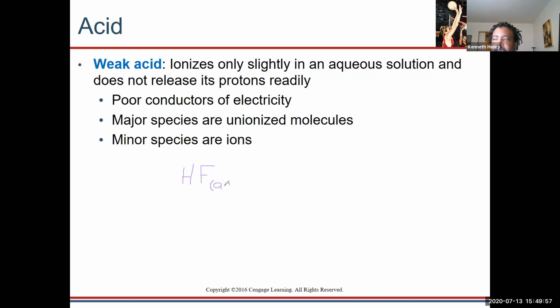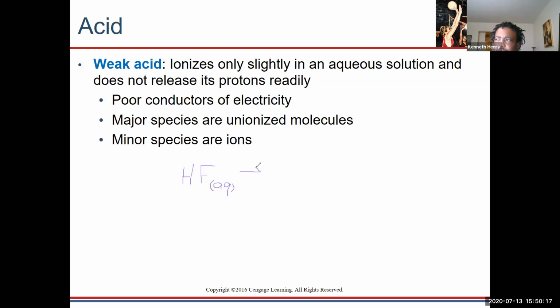Now, the reason why hydrofluoric acid is a weak acid and hydrochloric acid is a strong acid is because fluorine is kind of an abusive partner. It's telling the hydrogen ion, no, you cannot leave. You stay right here. Know your place. You're right next to me, because it's that bully.